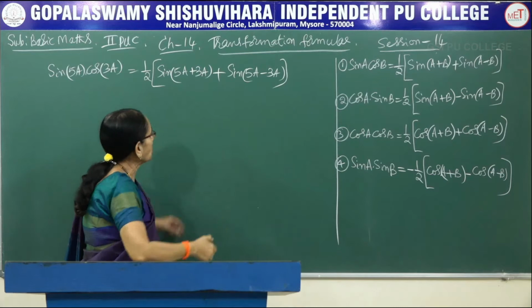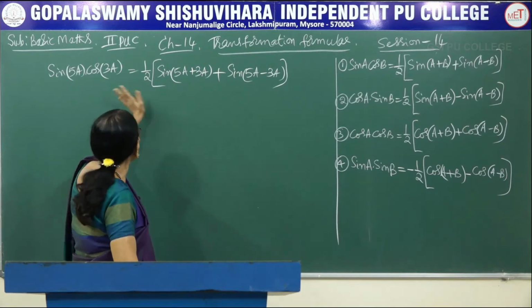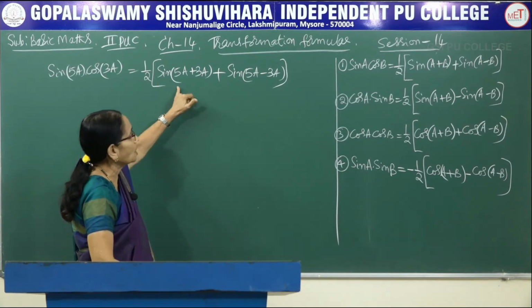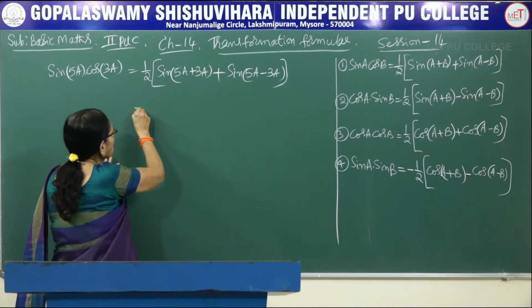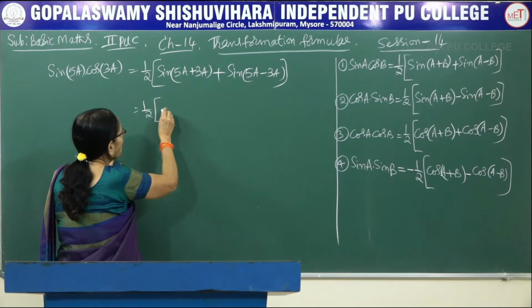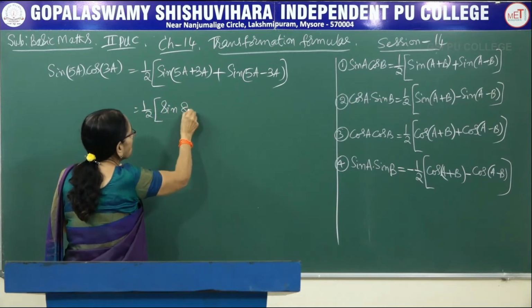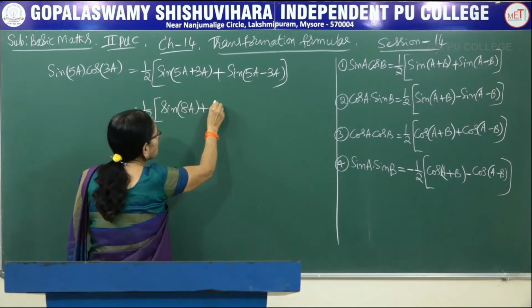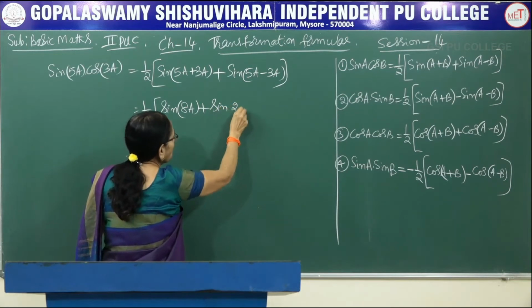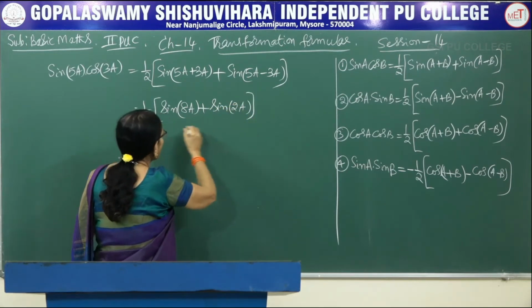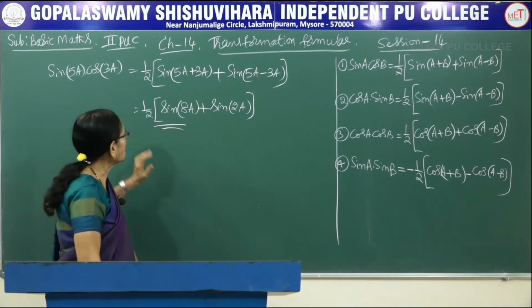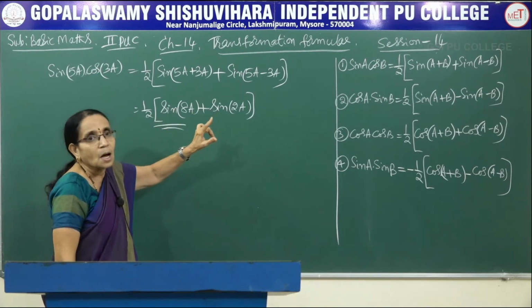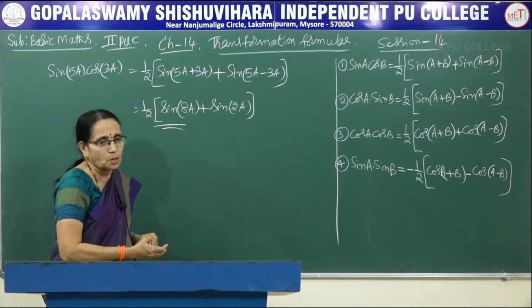So, looking at that formula, a and b are having the values 5a, 3a. We are adding here, we are subtracting there. So, this would be equal to half of sin of 8a plus sin of 2a. If it is asked for a 1 mark question, if you write this much, it would be enough. So, it resembles the first formula. I have made use of the first formula.